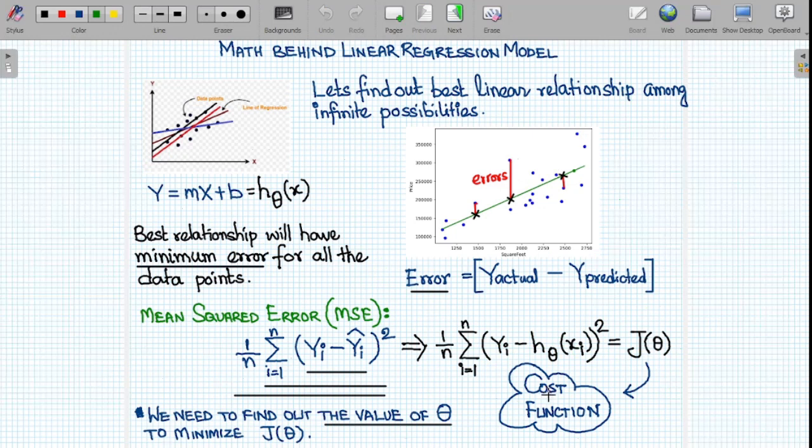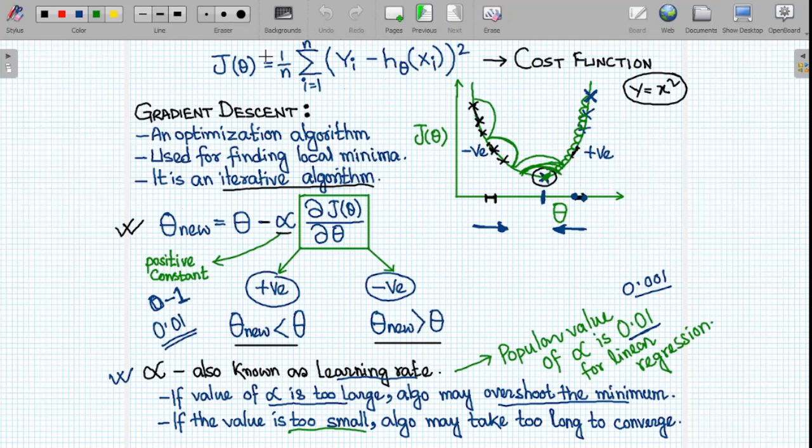So now if someone asks you what the cost function in a linear regression model is, you know how to evaluate it. We have also realized that if we can reduce the cost function as much as possible, we will get the best relationship. Now we know if we plot the cost function of linear regression, it will be a parabola, and in this parabola we have to find the minima.